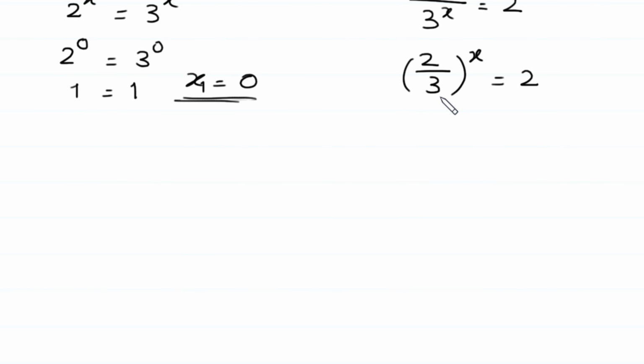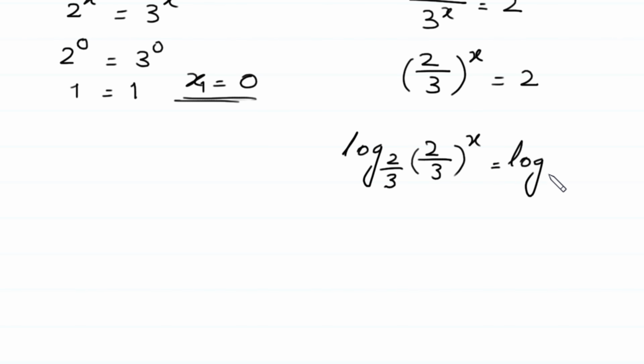Now because at left side we have base 2 over 3, so we take log base 2 over 3 of both sides. Log base 2 over 3 of 2 over 3 to the power x is equal to log base 2 over 3 of 2.